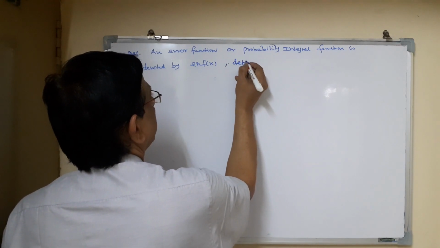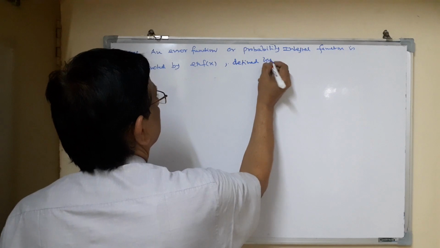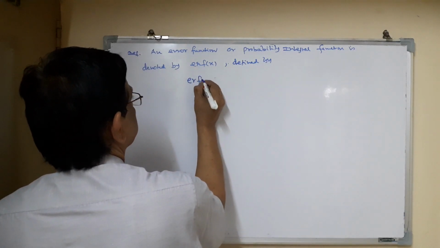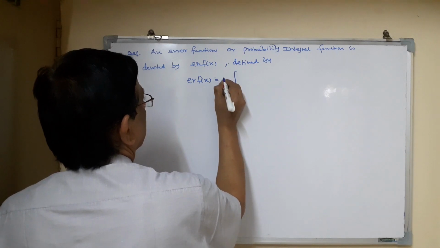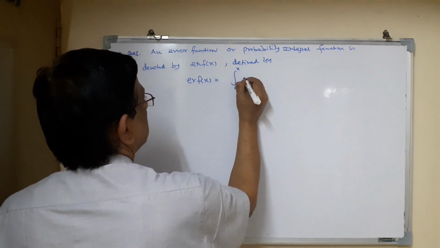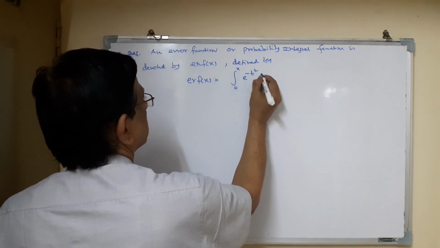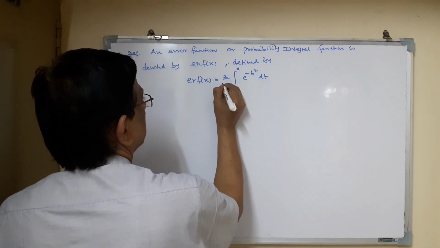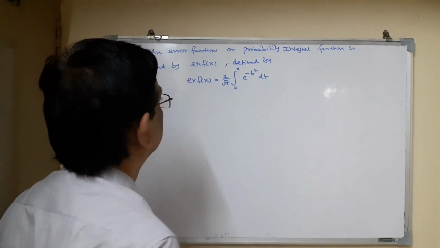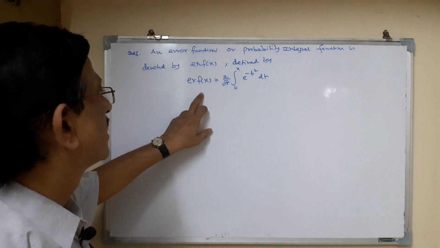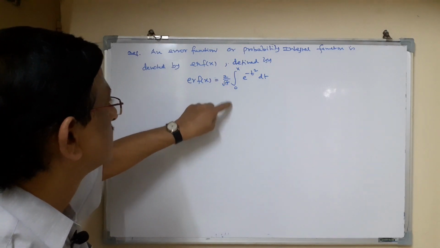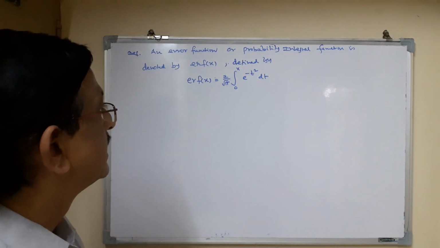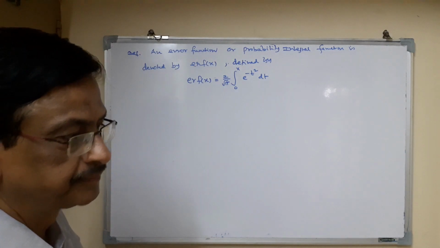and defined by erf x is equal to 2 by root pi integral 0 to x e power minus t square dt. So the error function, or probability integral function, erf x, is 2 by root pi integral 0 to x e power minus t square dt.